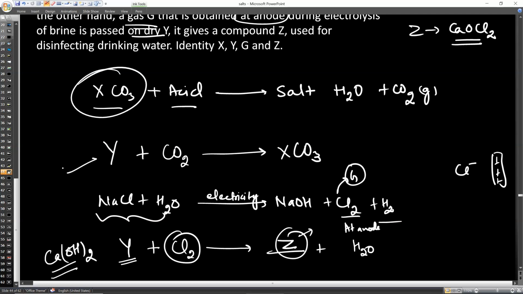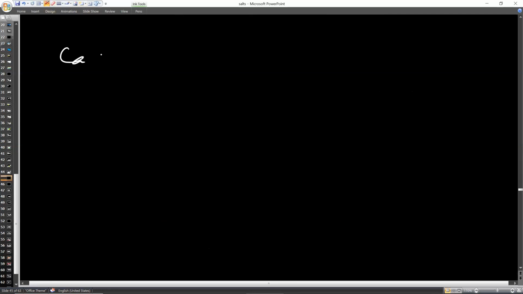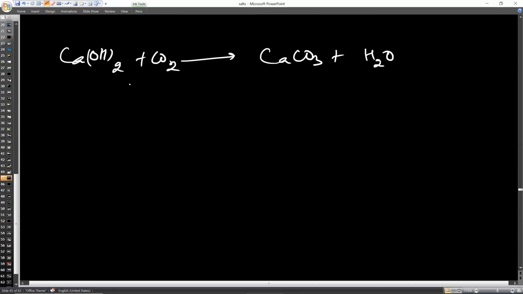So this is also Y. When calcium hydroxide is treated with carbon dioxide, what would happen? It gives you calcium carbonate plus water.